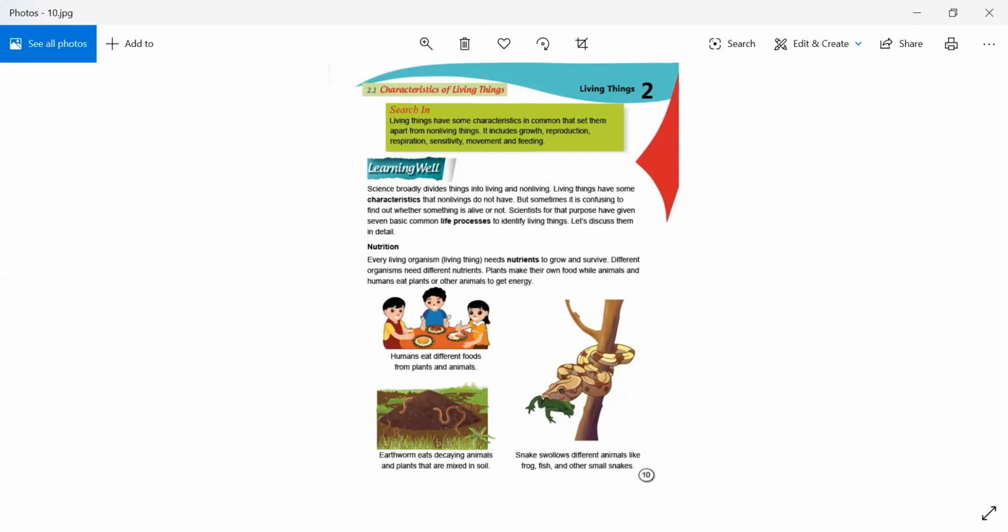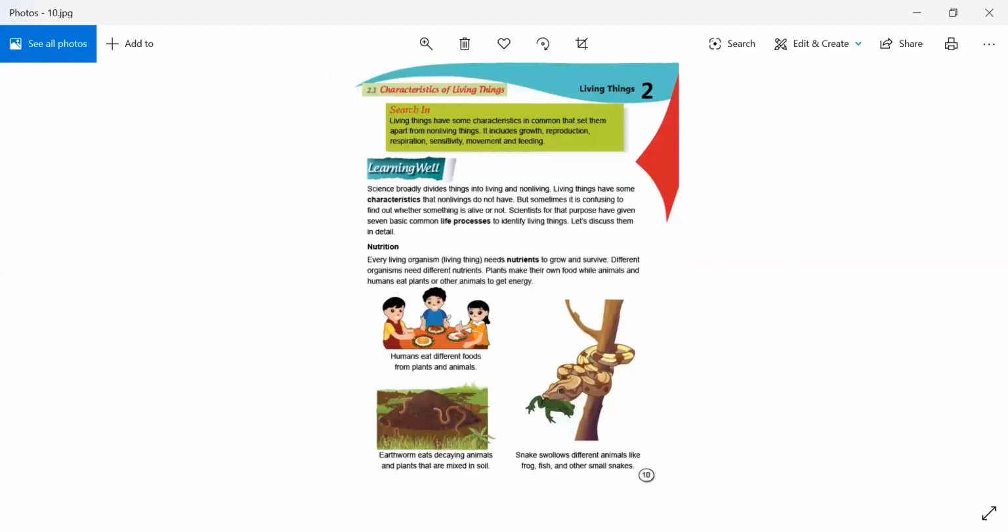Let's discuss them in detail. First of all, we know that we can divide things into either they are living or they are non-living. But how we can identify that the thing is living or non-living? By their characteristics.